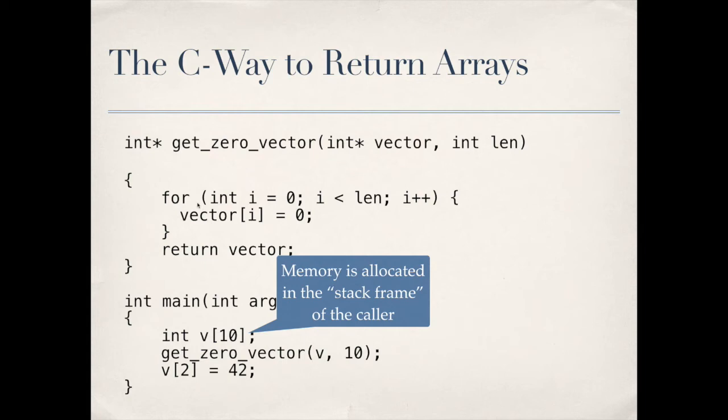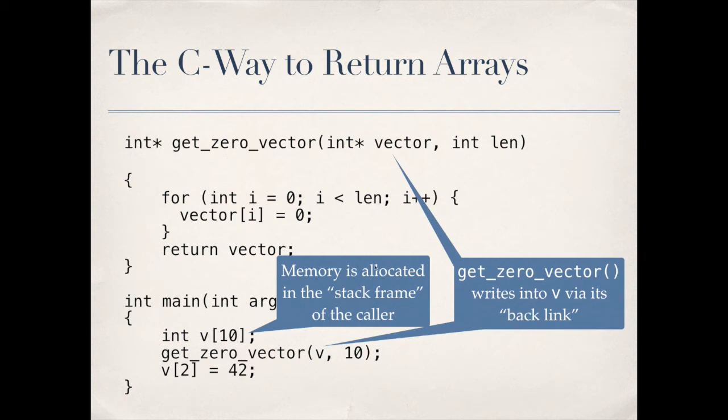So if we call this here, then we are getting the vector v, and in our function we can iterate over all the elements and store the zeros into here. And this means, again, you know this already, getZeroVector is writing into v by using its backlink.